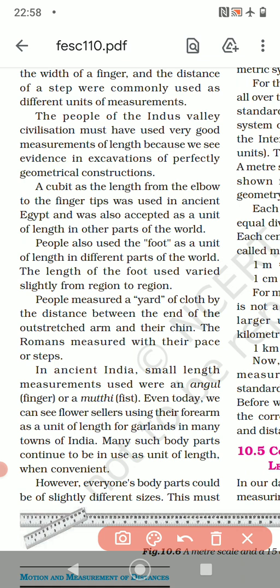Even today, we see flower sellers using their forearms as a unit of length for garlands in many towns of India. Many such body parts continue to be in use as units of length when convenient.